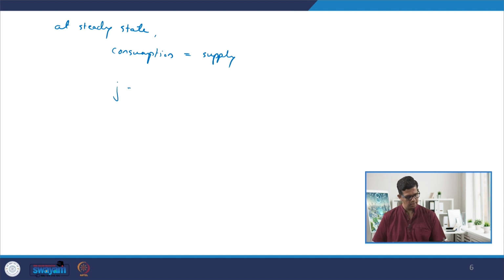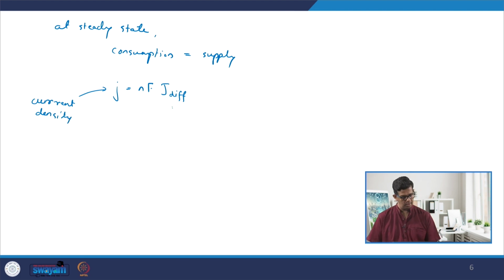So, current density is nF. Let us define one more parameter, J subscript diff. So, this is our current density, and this n and F are already known to us.